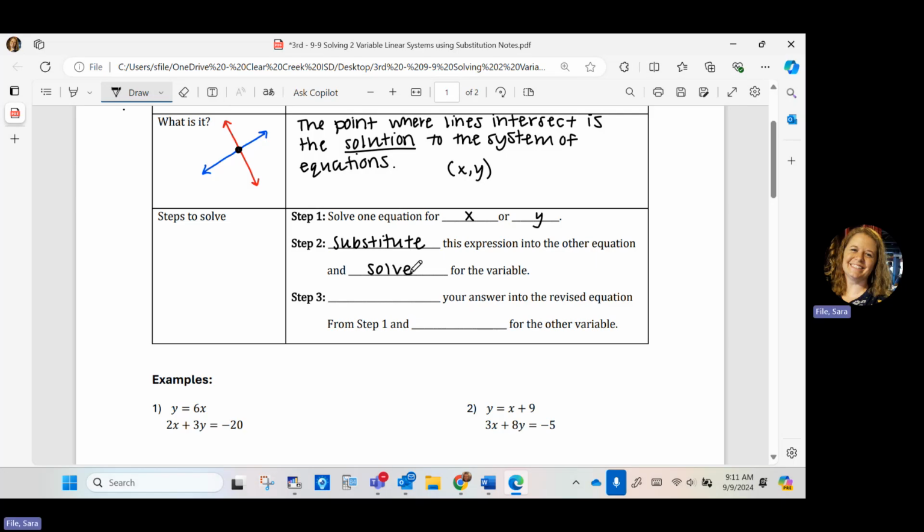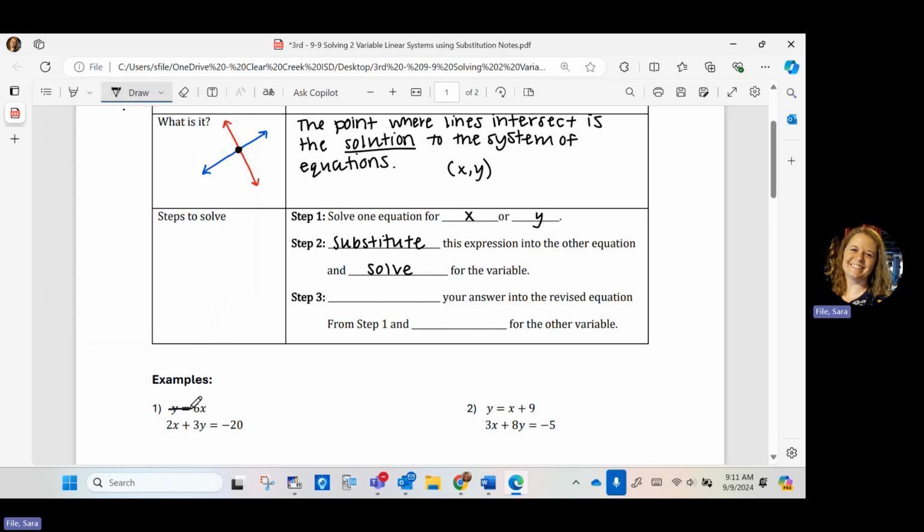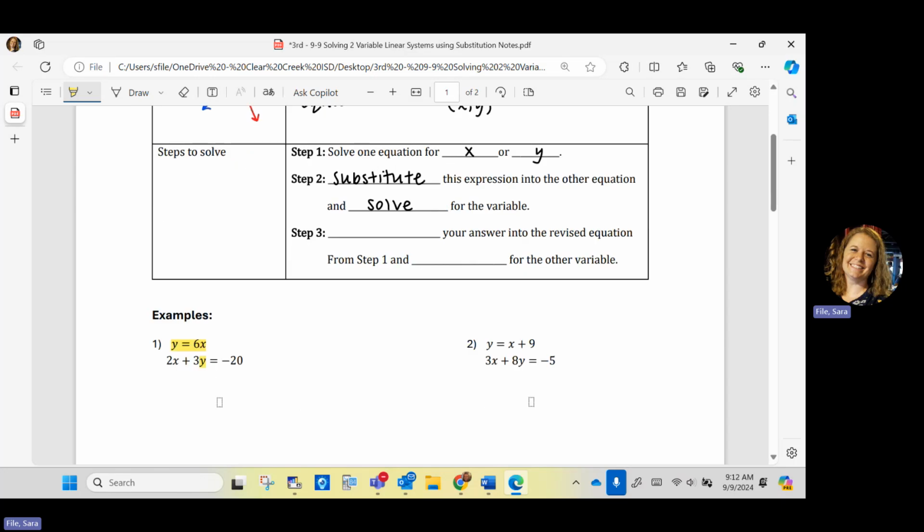In example one, step one is done. It's in y equals form. For step two, we are going to replace y in the other equation with the expression that it's equal to. It's equal to 6x. So we're going to make that substitution.